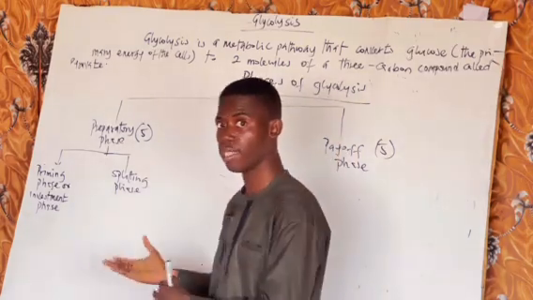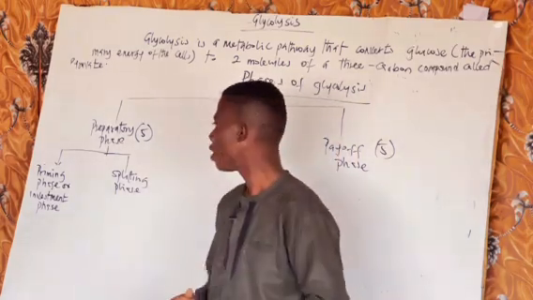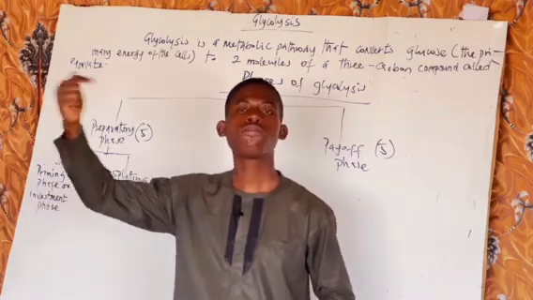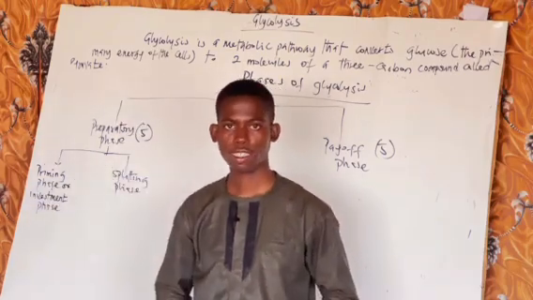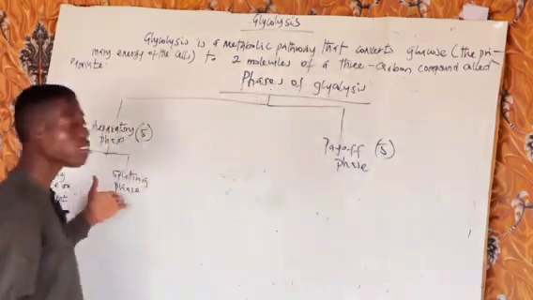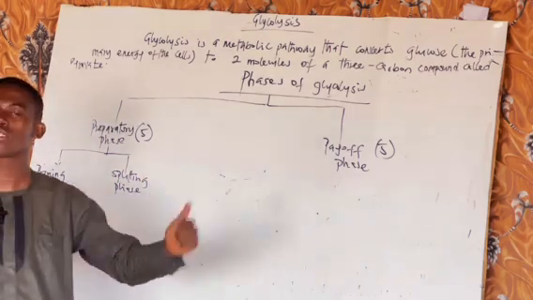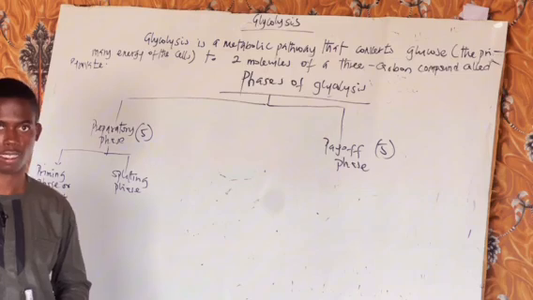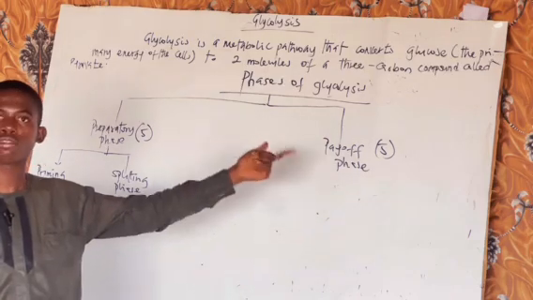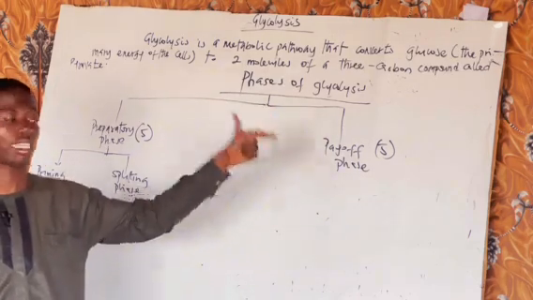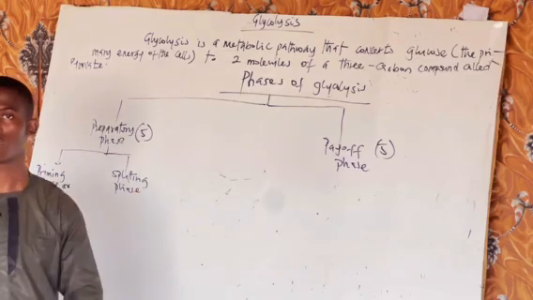We are going to be drawing the pathway very soon, so you'll see. The splitting phase runs from fructose 1,6-bisphosphate to 2 molecules of glyceraldehyde 3-phosphate. Then the payoff phase runs from 2 molecules of glyceraldehyde 3-phosphate to 2 molecules of pyruvate.